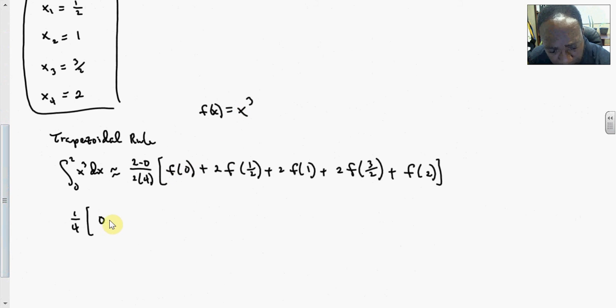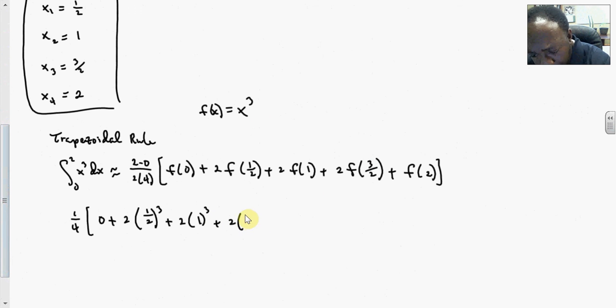That's just 0, then plus 2 times the function evaluated at 1/2, which becomes 1/2 to the third, plus 2 times 1 to the third, plus 2 times 3/2 to the third, plus just 2 raised to the third. So this gives us 1/4 times the brackets.